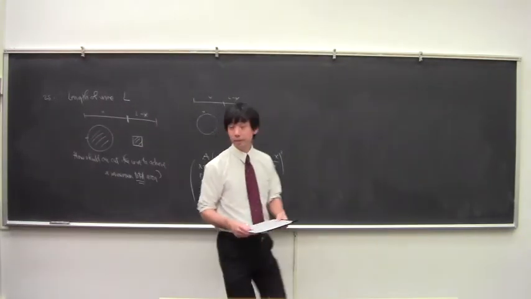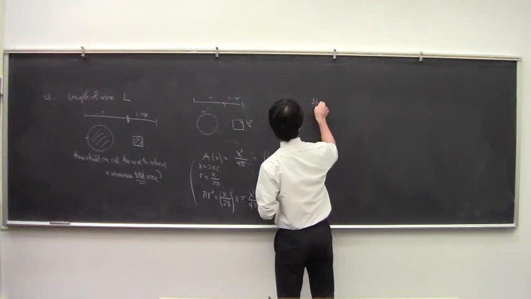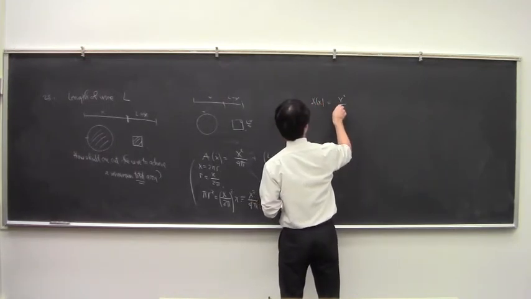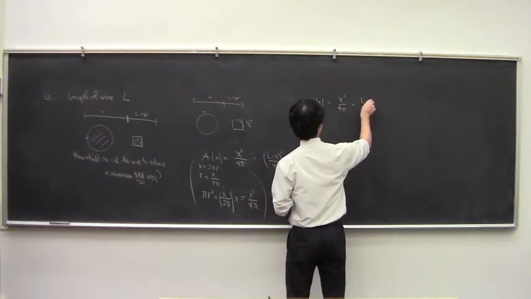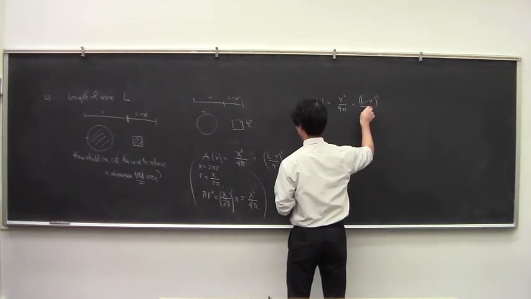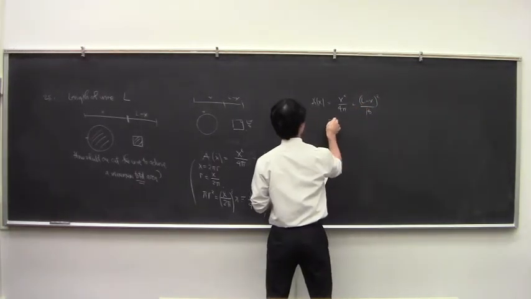Okay, somebody tell me what to do. A of x is x squared over 4 pi plus L minus x, quantity squared, over 16.